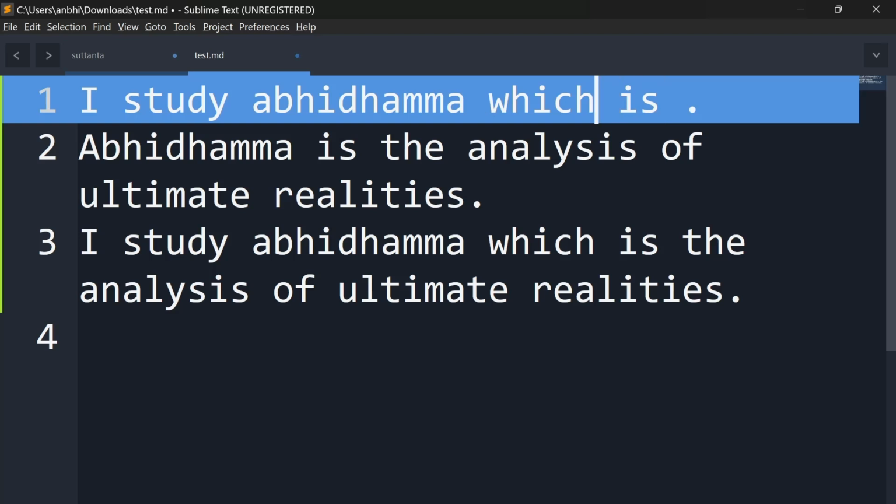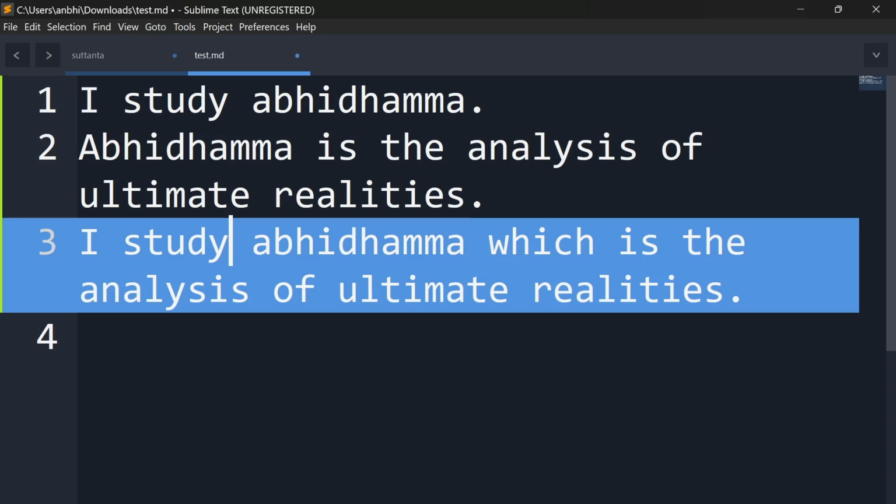In this case you have to use which, not what. You can use who, you can use that. Yes, they become subjects. So, I study Abhidhamma, this is the first sentence.